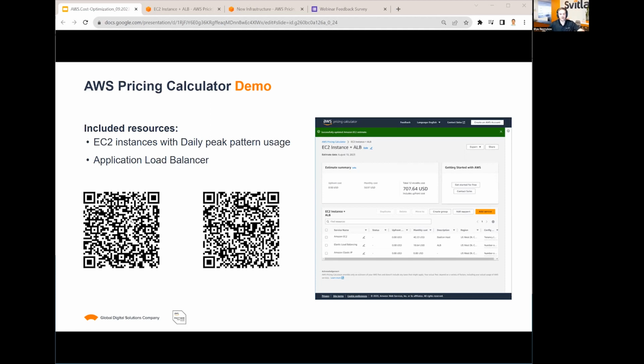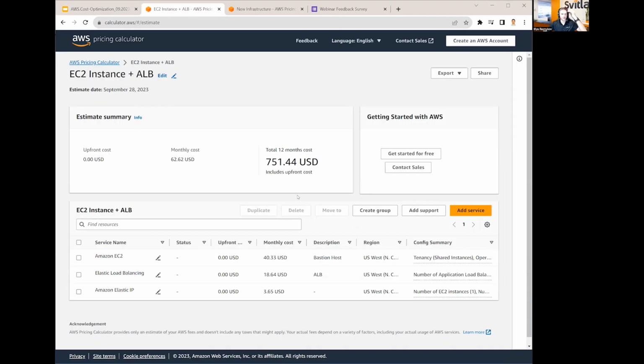But another example, which is provided by this QR code, is a much more extended infrastructure, and you may later, after the seminar, take a look at it, and probably you will be able to use this tool for your business, for your infrastructures.